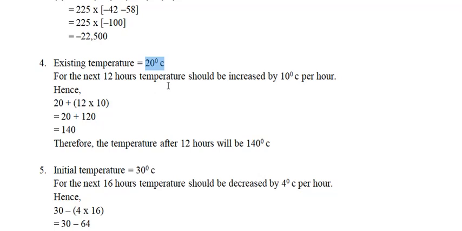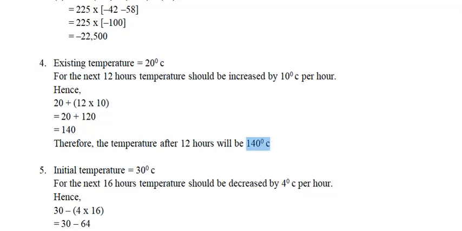You need to calculate the temperature after 12 hours, which means you will be increasing the temperature for the next 12 hours by 10 degrees Celsius per hour. Hence it will be 12 into 10, which is 120, and 20 degrees is already existing. Hence the temperature will be 140 degrees Celsius after 12 hours.